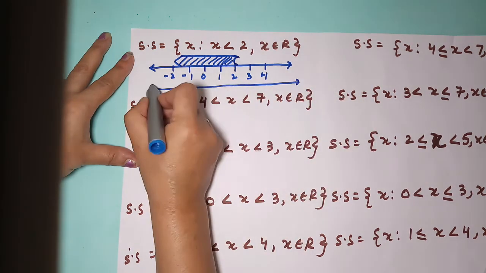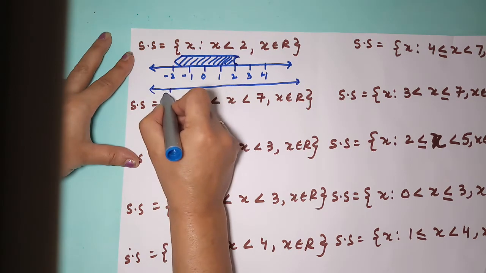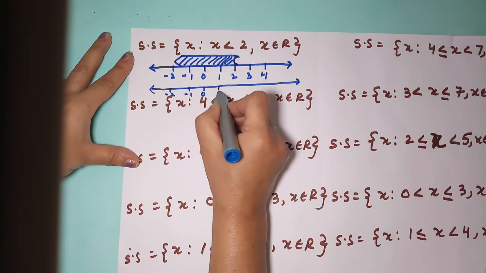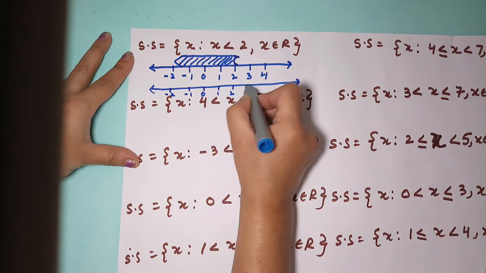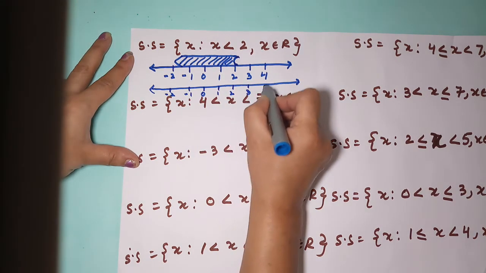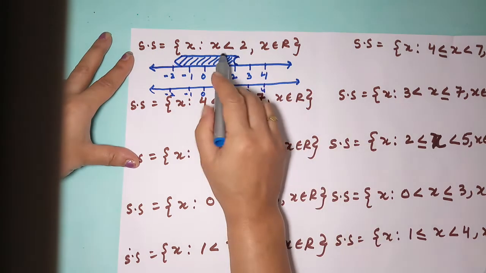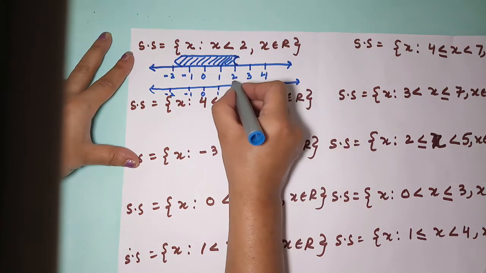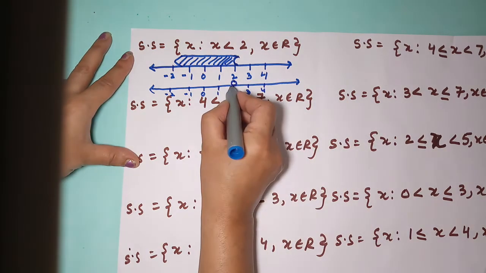A straight line, arrows on both sides. This is my -2, -1, 0, 1, 2, 3, 4. Now x is less than 2, no equality sign, go to 2, place a simple circle, not the darkened one here.